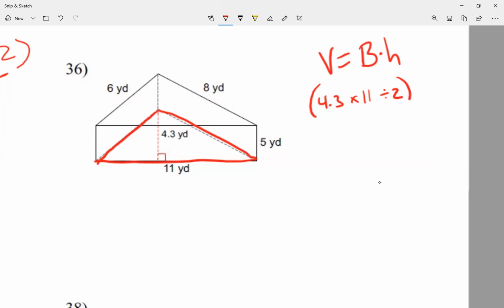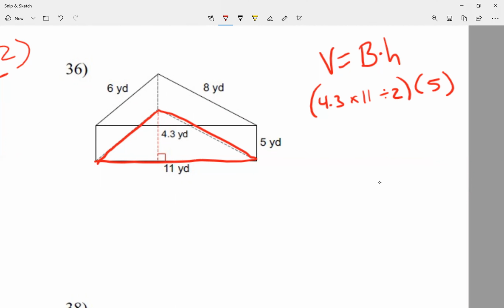That's the area of that triangle. And whatever I get, I'm going to multiply by 5. Remember, the height is a number that has nothing to do with the triangle. Don't think you have to use every number given. For a triangle, you just have to use the two numbers that make the 90-degree angle.